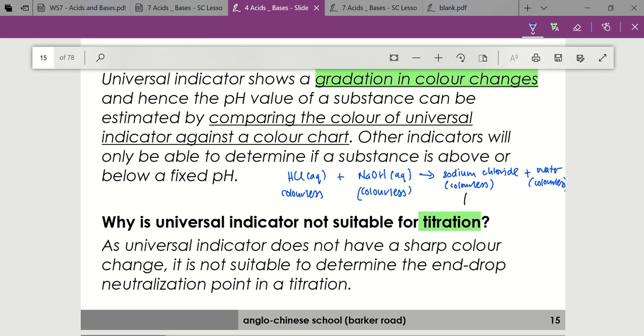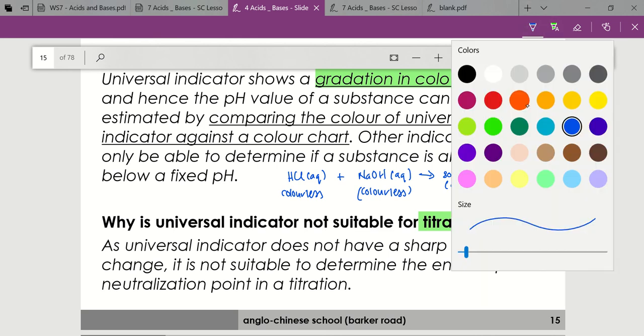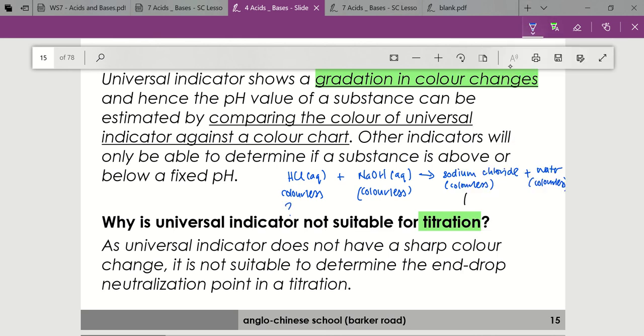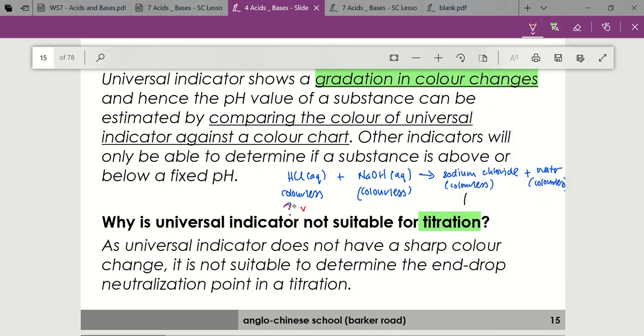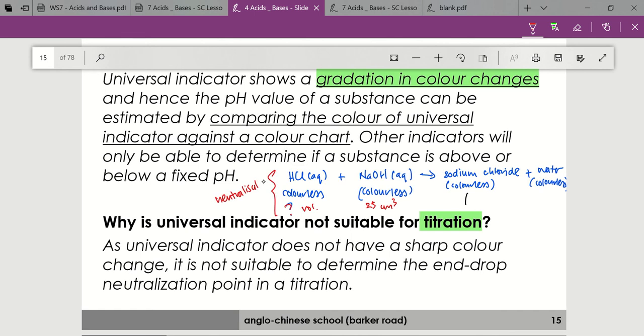So how would I know what would be the volume of hydrochloric acid required to neutralize, let's say, 25 cm cube of sodium hydroxide? Our context over here is a neutralization reaction, right?